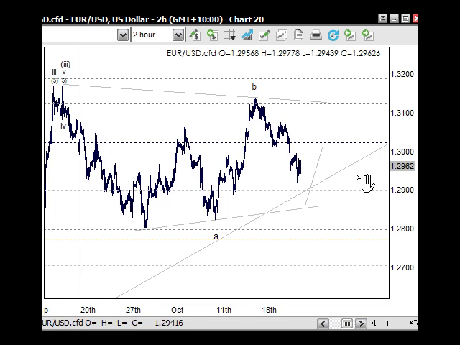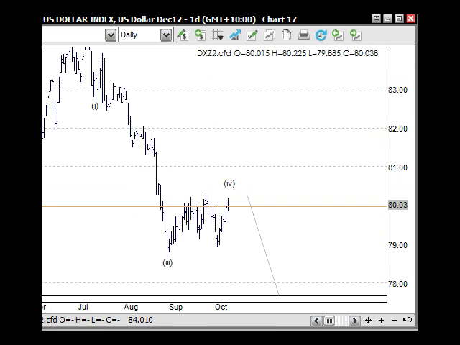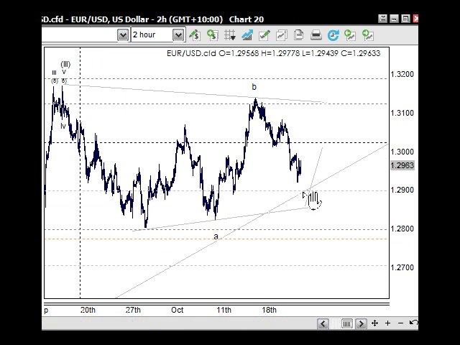The other interesting point is that the US dollar index was dealing with its new highs. When we look at the US dollar index and the bigger picture, we can see that it is dealing with its highs up through here. But the euro's not dealing with its lows down here just yet, around the 128.